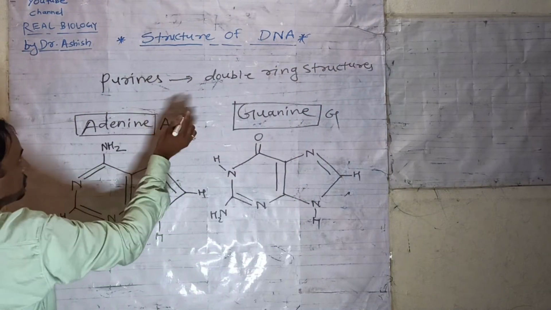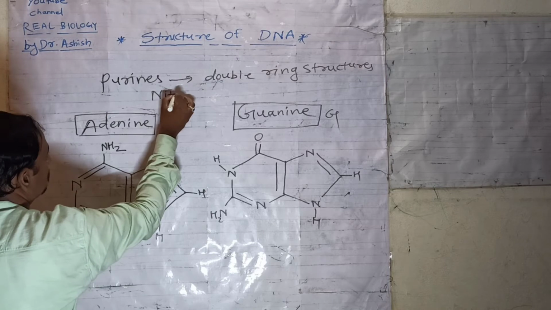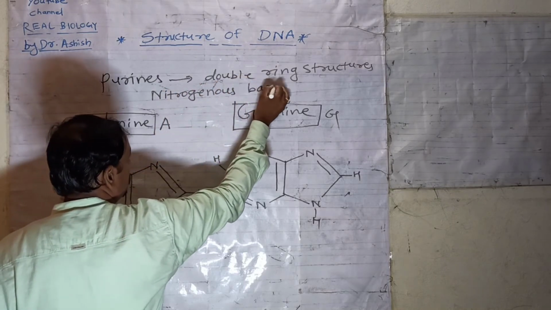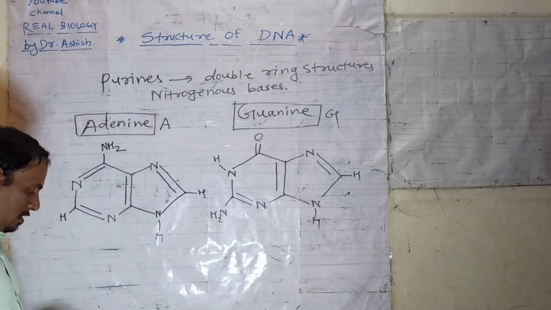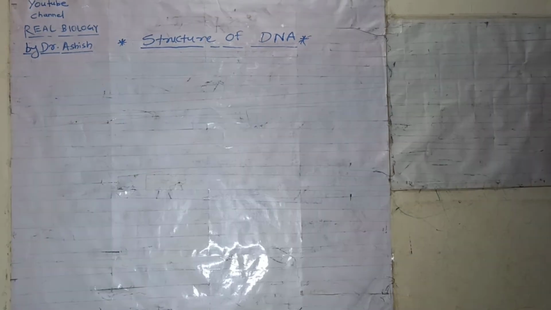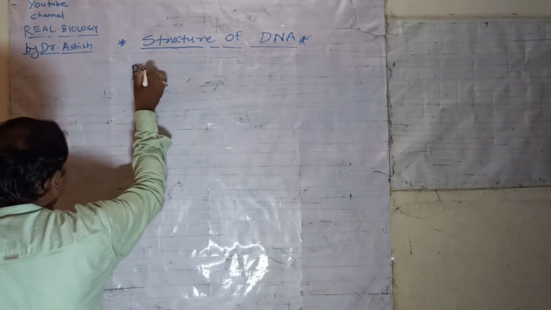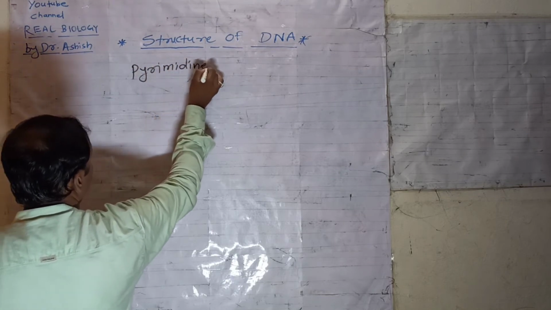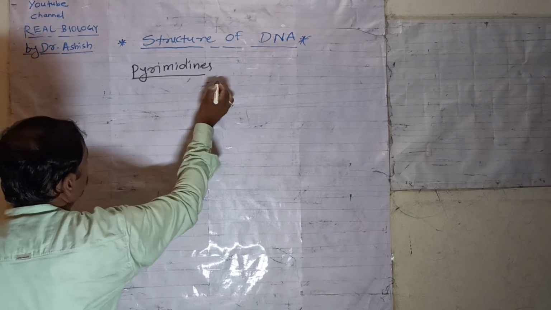Purines are nitrogenous bases. So if possible, draw them. I will continue with the pyrimidines now. Now let's continue with the structure of pyrimidines. Pyrimidines are single ring structures of nitrogenous bases.